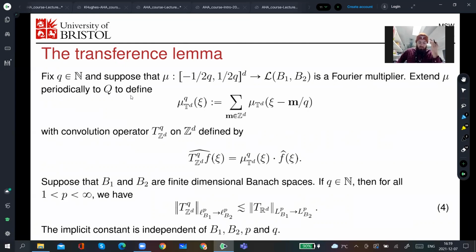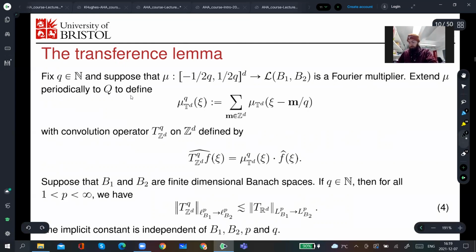We were starting with something that's acting as a multiplier on a small set. Here's something that's of width 1 over q, a box of side lengths 1 over q, centered at the origin and aligned with the axes. And it's mapping into linear operators between two finite dimensional Banach spaces.